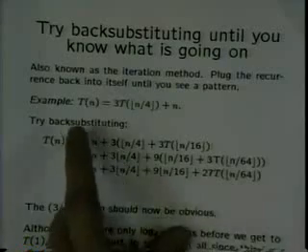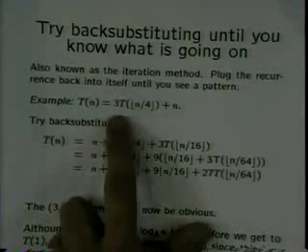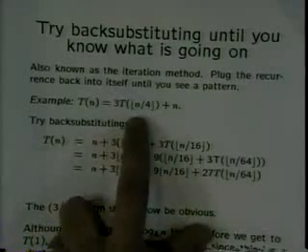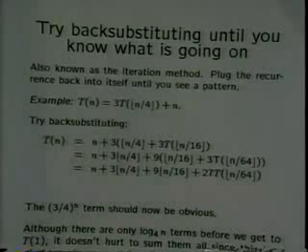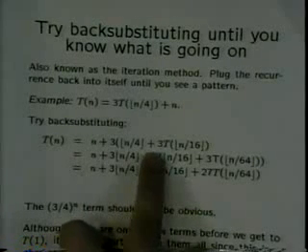So what I've done is I've taken this recurrence relation and plugged in the value of T(n/4) into it. And that gives me this expression.